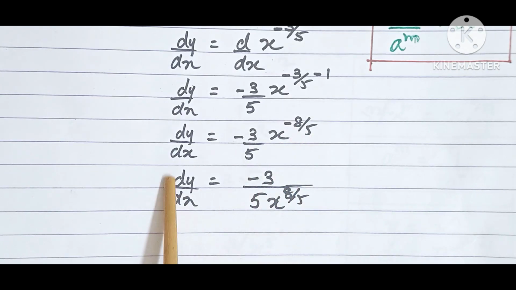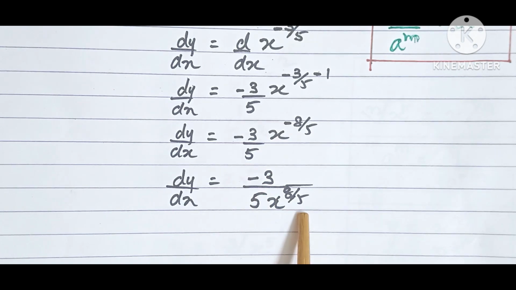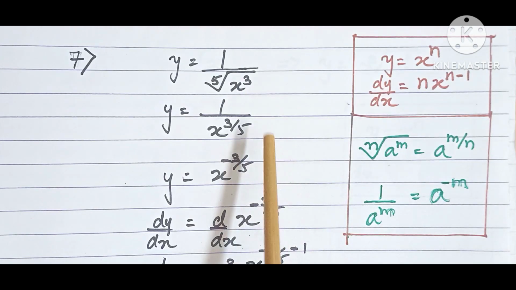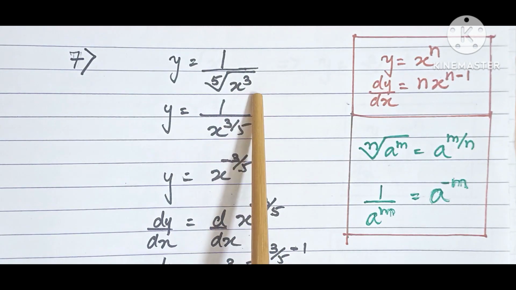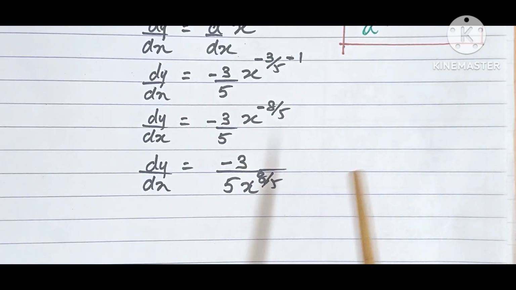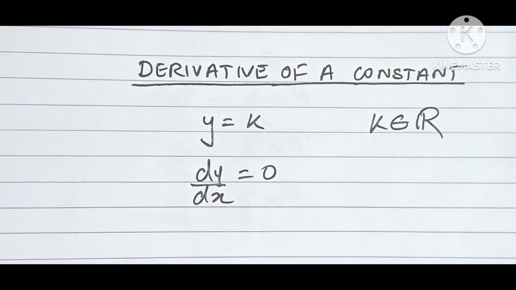And then further we can write this as dy by dx is equal to minus 3 upon 5x raised to 8 by 5. That is, the derivative of 1 upon 5th root of x cube is minus 3 upon 5 into x raised to 8 by 5.